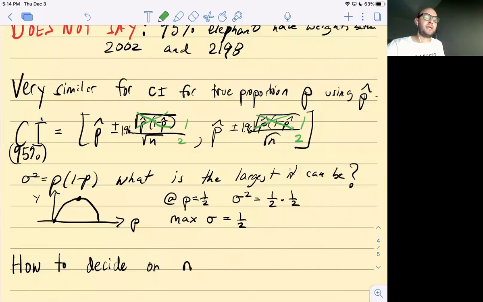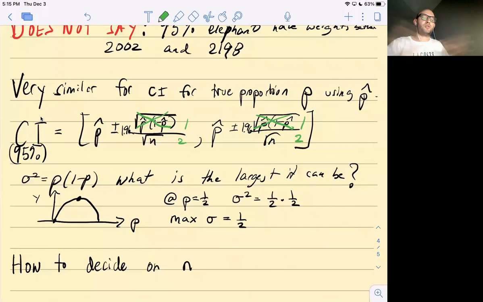Because if you're making sigma as big as possible, then for a 95% confidence interval, if you just put a 1/2 in there instead of the square root of p hat times 1 minus p hat, you're giving yourself a bit bigger margin of error than you need. That's okay to do because you care about making sure that your interval contains the truth.